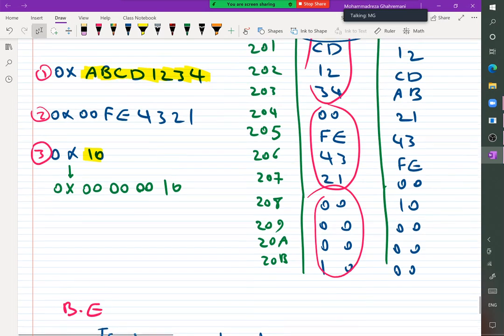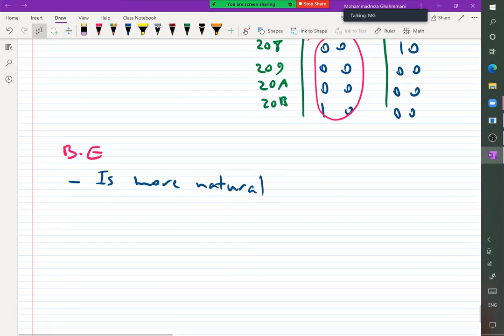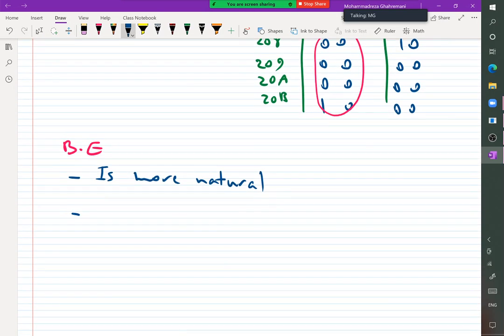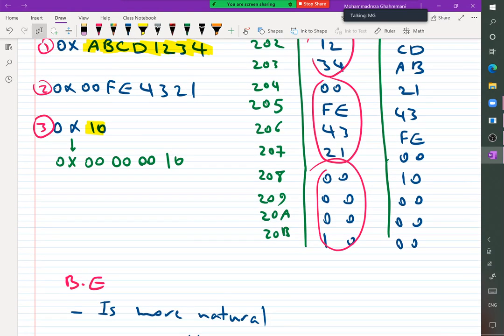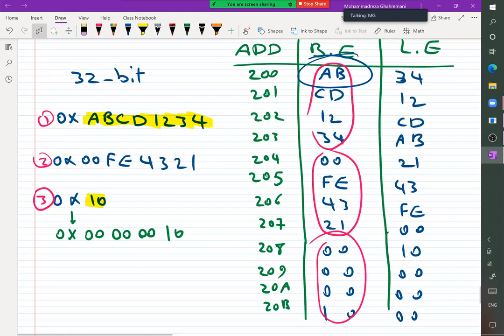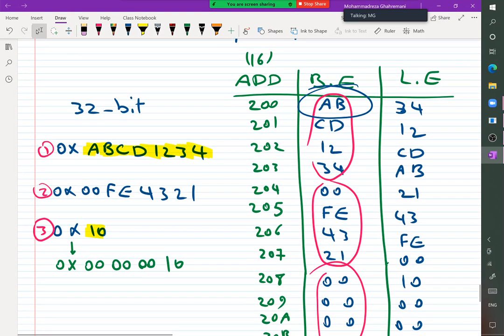The second advantage is the sign bit. In order to determine the sign of the number in Big Endian, we just look at the address with offset 0.